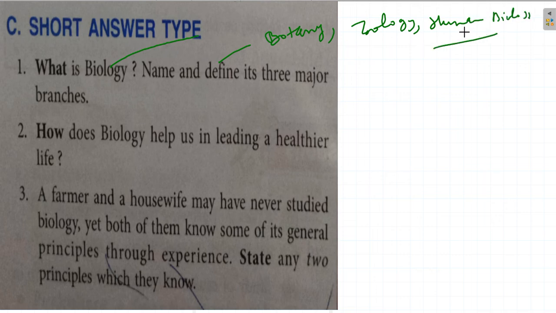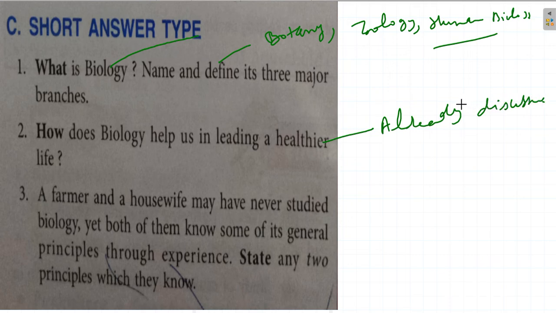Definitions are already discussed. You can do from there. How does biology help us in leading a healthier life? So this question has already been discussed. You can do it from there.